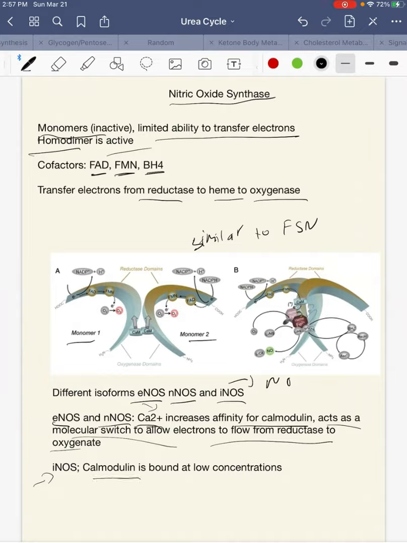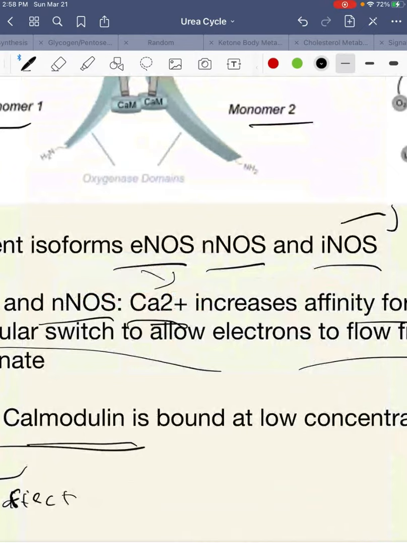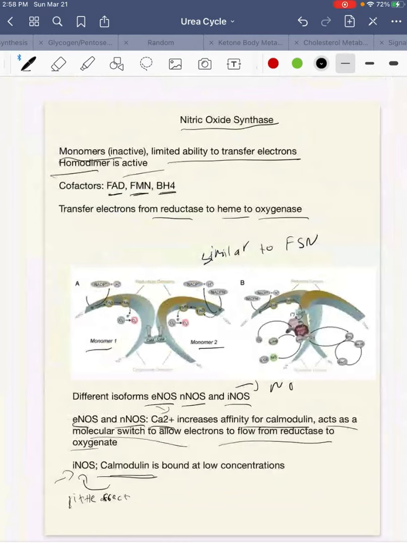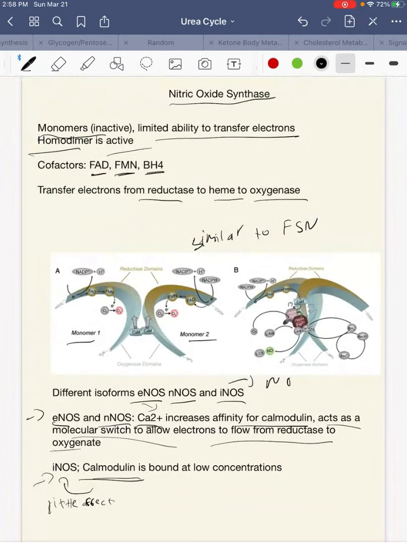For eNOS and nNOS, when calcium binds calmodulin, this increases the affinity. In iNOS, calmodulin binds at very low concentration, so calcium has little effect on the nitric oxide synthase. So this is another difference between eNOS, nNOS, and iNOS.